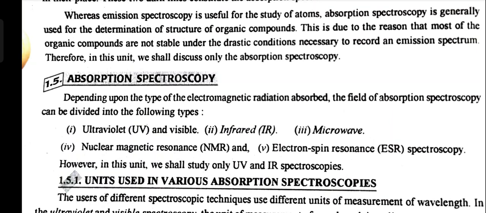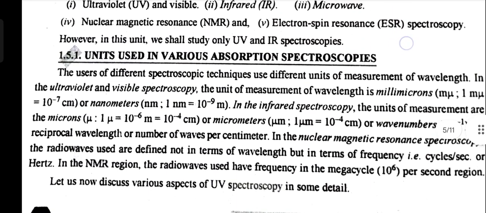Now, absorption spectroscopy. Depending upon the type of electromagnetic radiation absorbed, the field of absorption spectroscopy can be divided into the following types: ultraviolet and visible spectroscopy, infrared spectroscopy, microwave, nuclear magnetic resonance spectroscopy, and electron spin resonance spectroscopy. Now, units used in various absorption spectroscopies.